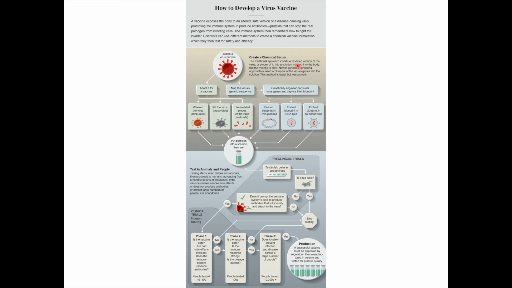All right, so let's try to figure out how this virus vaccine has been formed and created. The first thing is that there should be an isolation process. Scientists, geneticists or microbiologists have to create a chemical serum, and that serum has to contain this virus.